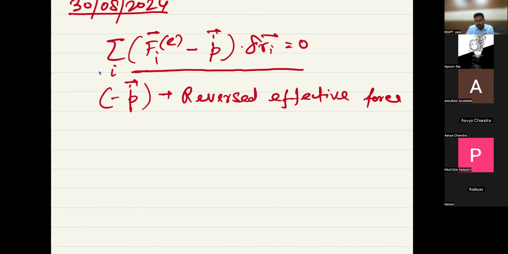This is similar to Newton's laws, but framed in terms of the virtual displacement, not the real displacement. The first term is the applied force, the second term is the force due to inertia. When the system is in equilibrium, these two terms balance, and that is the statement of D'Alembert's principle.